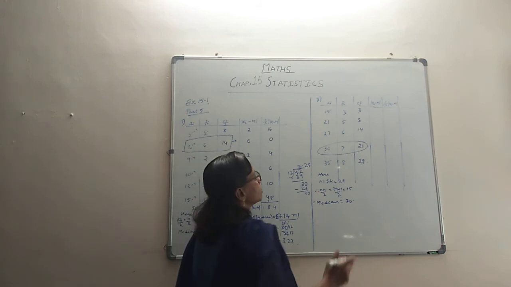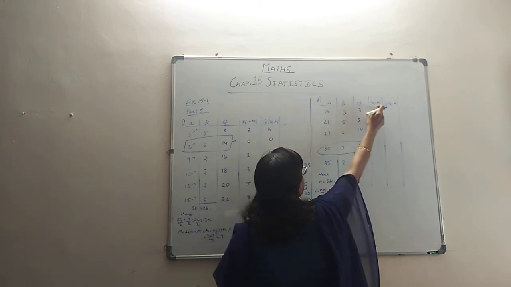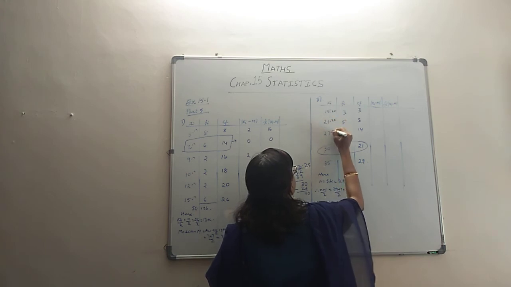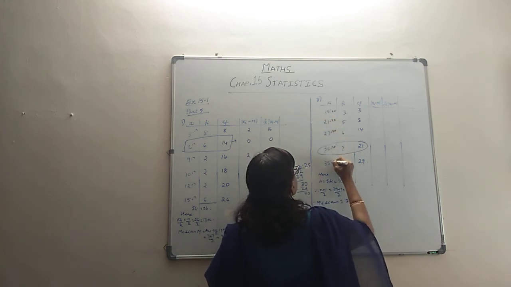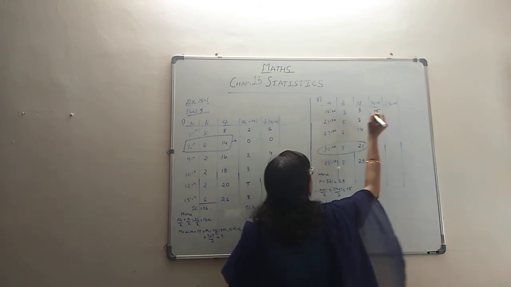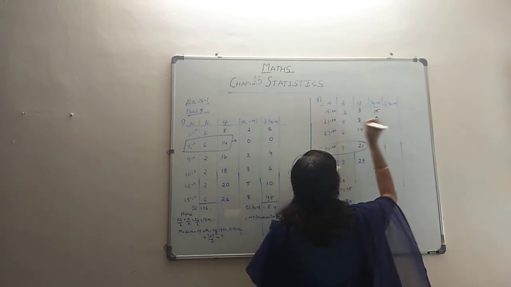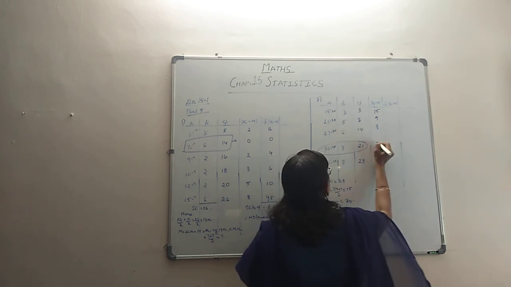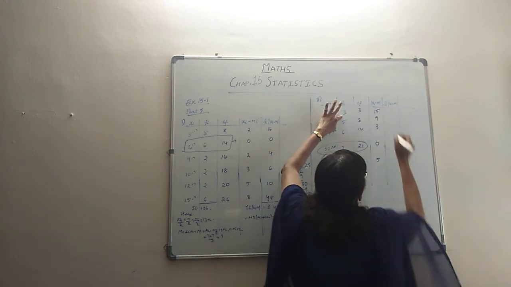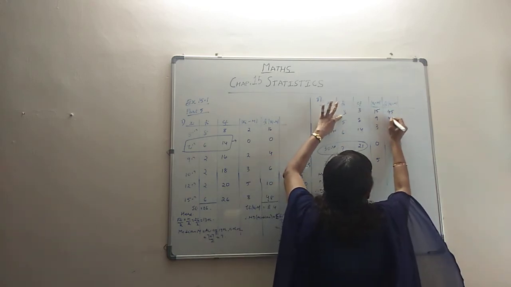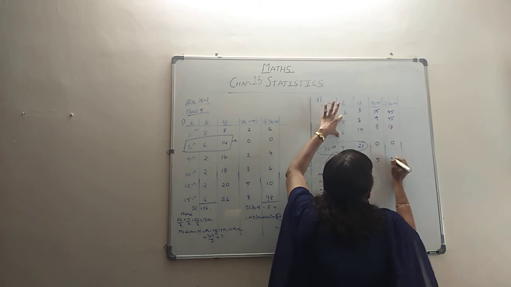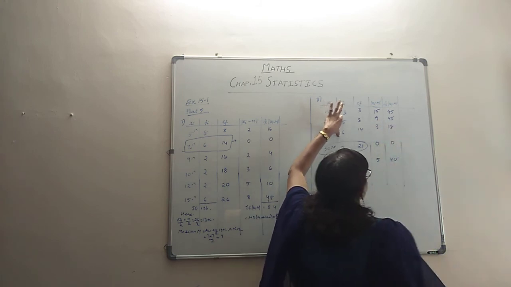So automatically your next step is to subtract. See this thing. So minus 30, minus 30, minus 30, minus 30, minus 30. 15 minus 30 is minus 15, modulus is 15. This is minus 9, so 9, minus 3, so 3, this is 0, this is 5, and multiplied by f. 15 into 3, 45, 9 into 5, 45, 6 into 3, 18, 0, 8 into 5, 40, right?